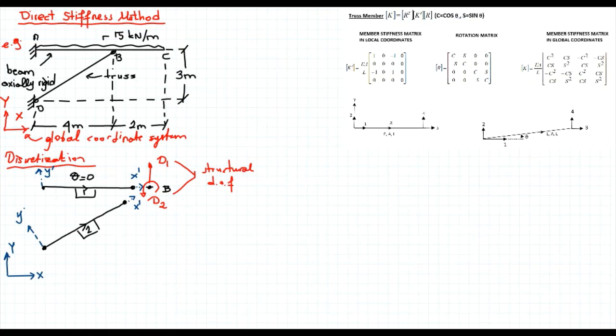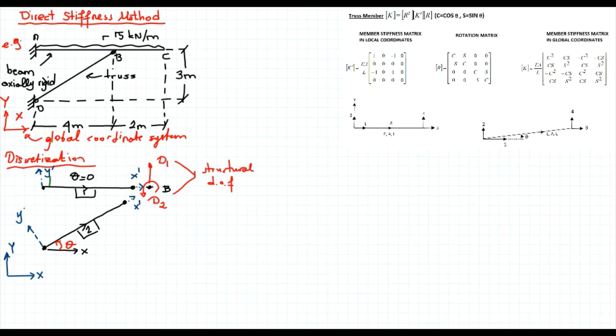The critical point here is the second member, of course. So let's first show the global x, and the rotation angle: you start from global x, go to the local x in the counterclockwise direction. So that will be the rotation angle theta for the second member. Now let's show the local degrees of freedom.